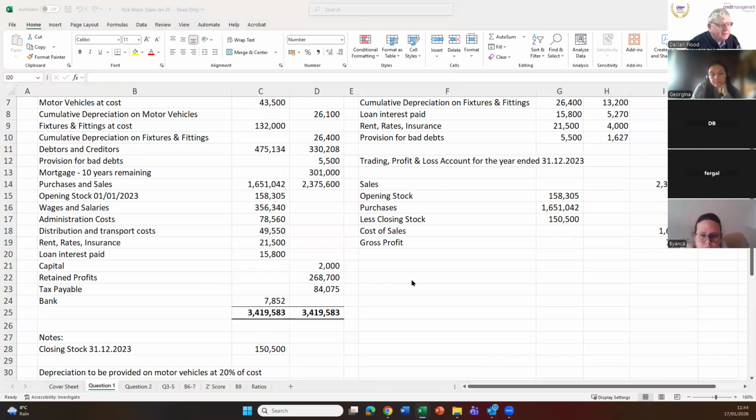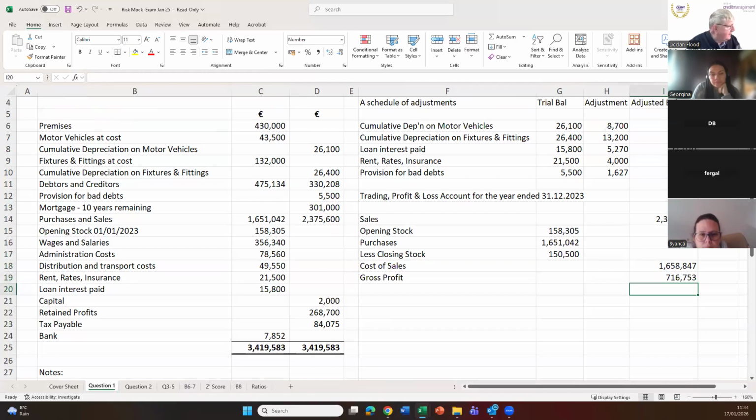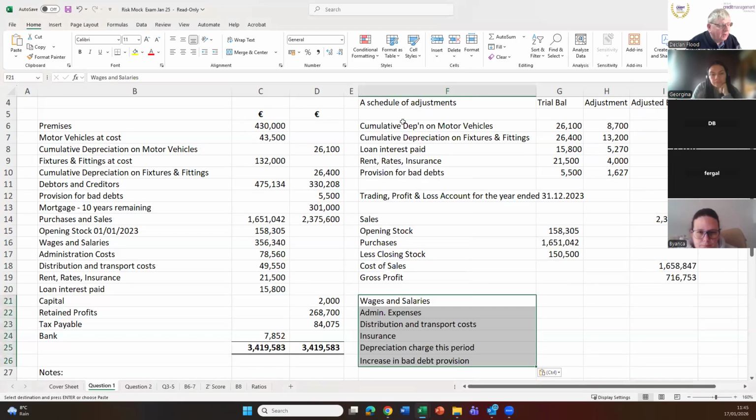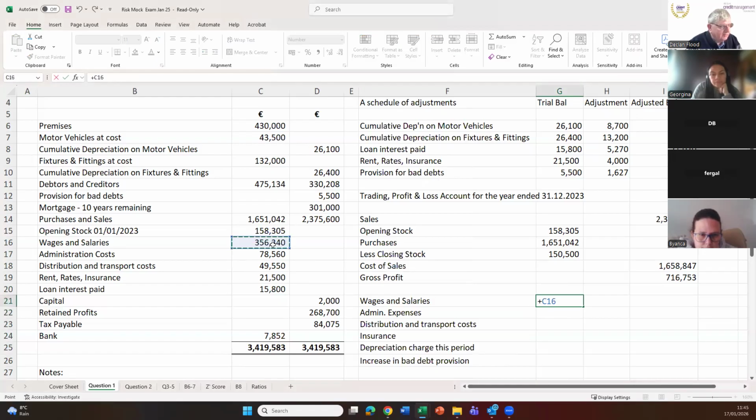And then what we have to do is just put in the expenses. So let's go through the list and identify what the expenses are. Just to save time, I'm going to put all my expenses in there. Wages and salaries is 356.